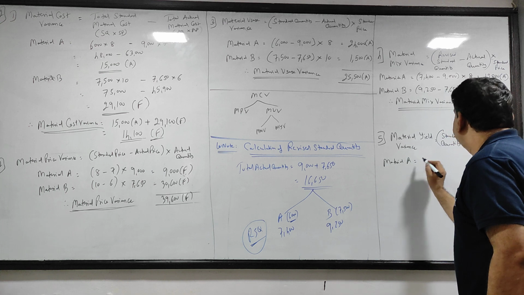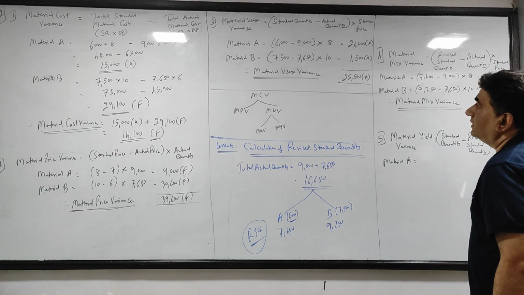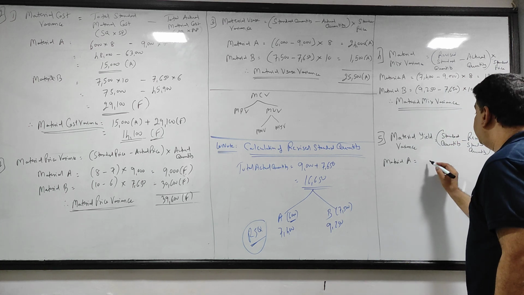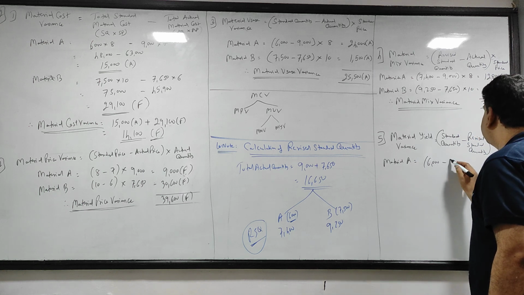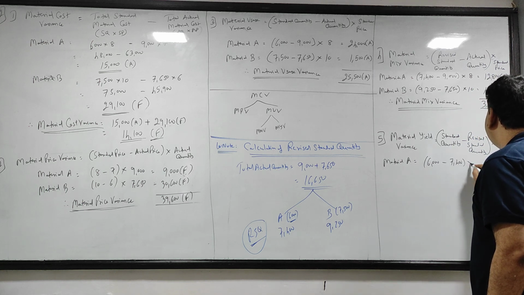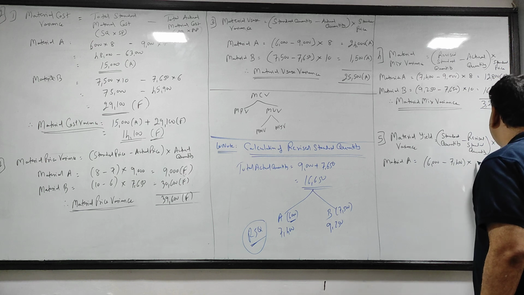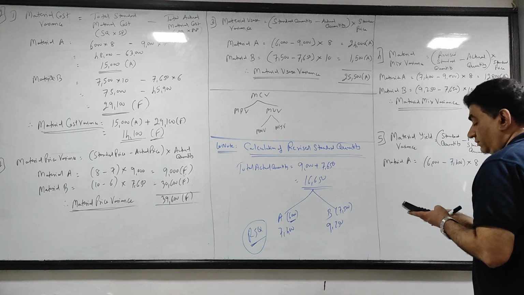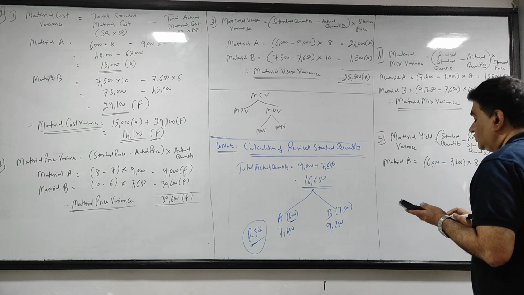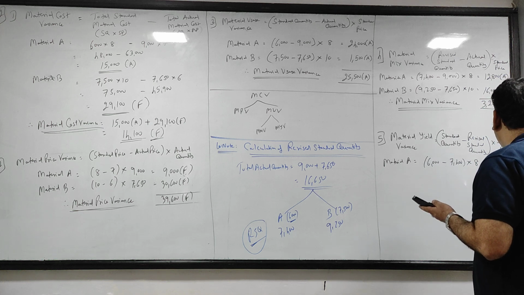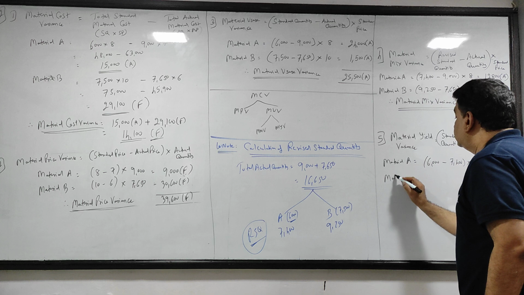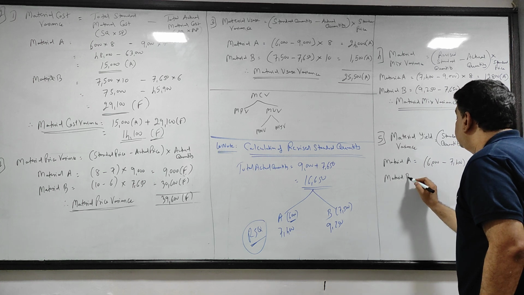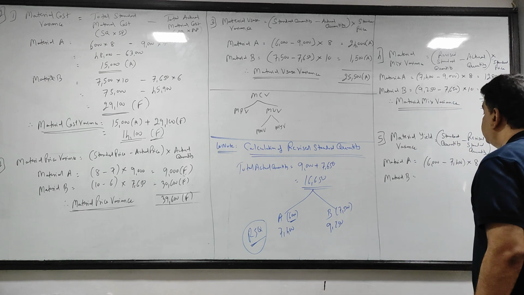Material A, standard quantity कितना है 6,000 माइनस रिवाइज क्वांटिटी 7,400 into standard price 8. So 1,400 into 8, 11,200 adverse.